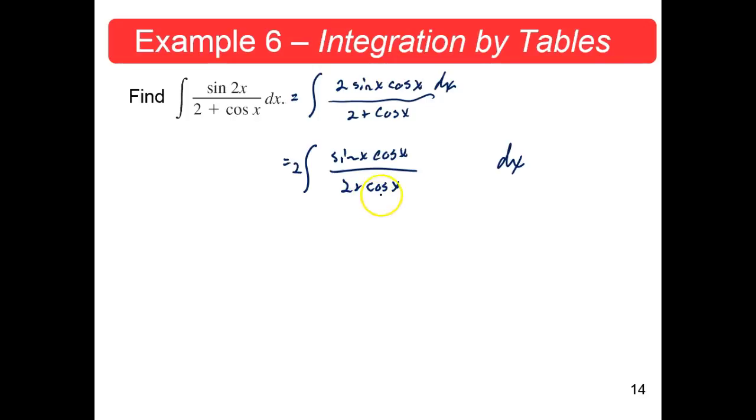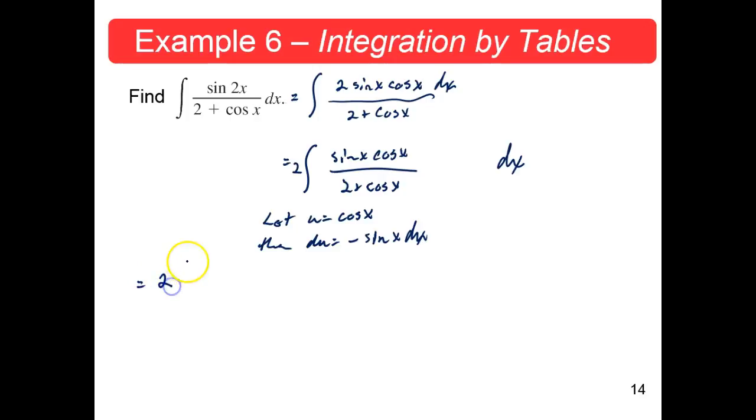So if we let that be the case, then a substitution is going to be let U equal cosine X, right? Then du is equal to what? Negative sine X dx, right? Well, let's see what we have now.